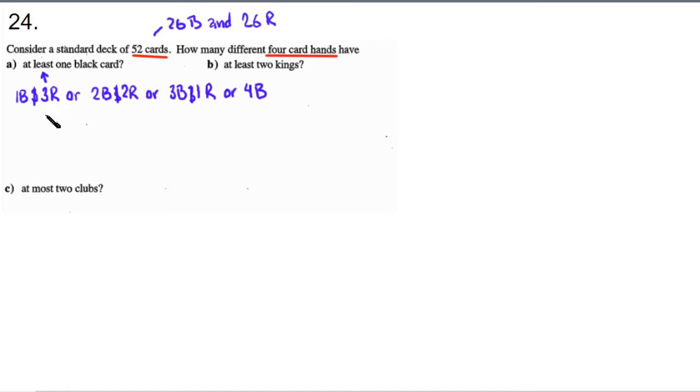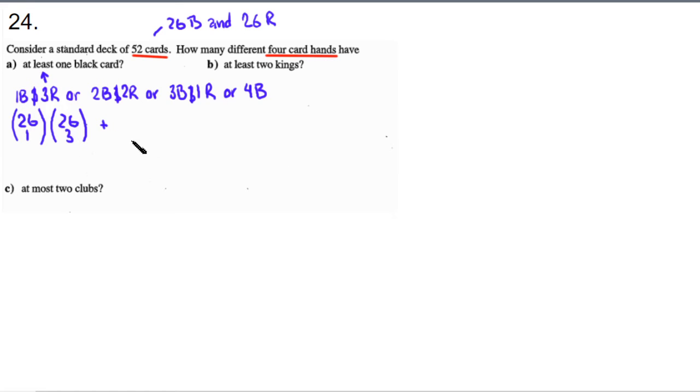That means that for 1 black card, we're choosing 26 choose 1. In how many ways can we choose a black card if we have 26 available? And means multiplication. That's going to be times. And now we have 26 red cards to choose from, and we're choosing 3. So 26 choose 3. Or means plus.